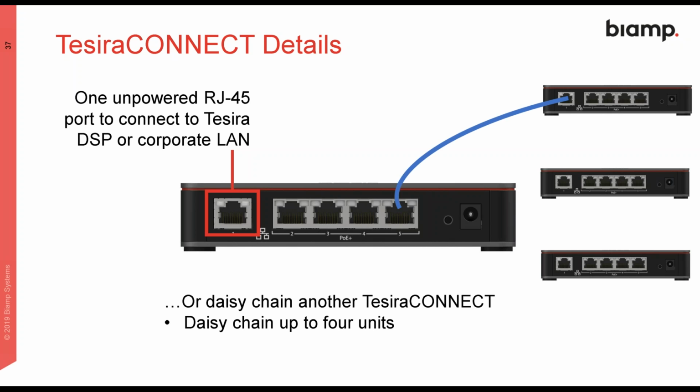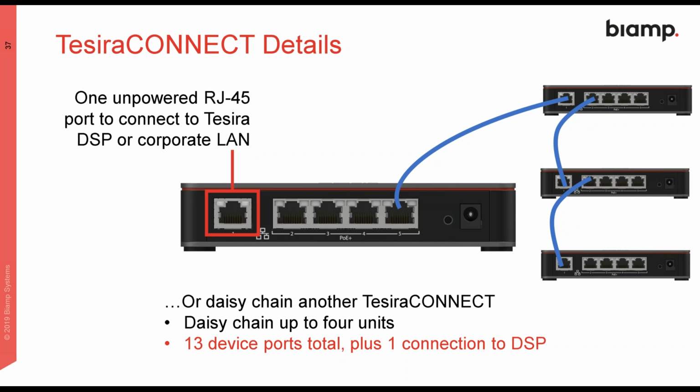You can have up to 4 Tessera Connects per system, which allows you 13 device ports in total, plus 1 for the DSP. That's already good enough for medium to large systems, because like we saw before, 1 cable allows you 2 mics and 4 speakers already.